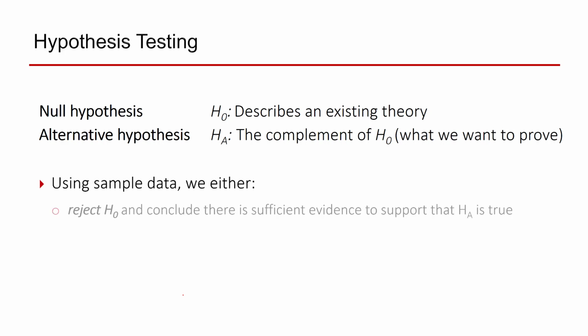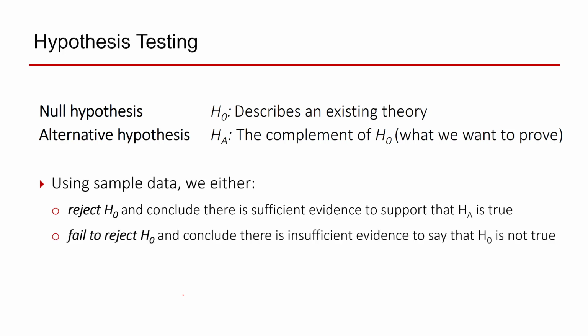Using sample data, we either will come to the conclusion to reject the null hypothesis and conclude there's sufficient evidence to support the alternative, or we're going to fail to reject the null and say that we have insufficient evidence to say that the null hypothesis is not true. We have insufficient evidence for the alternative.